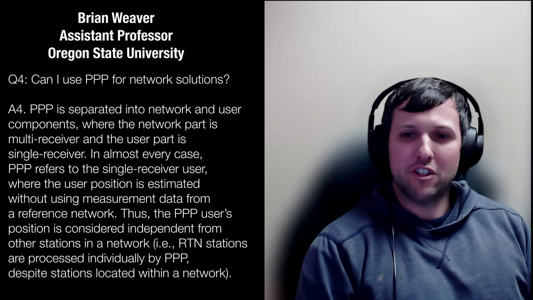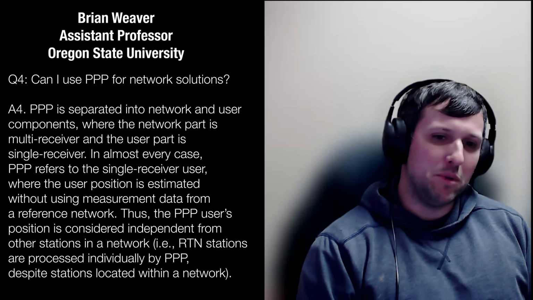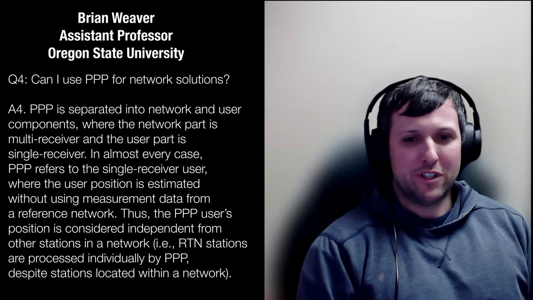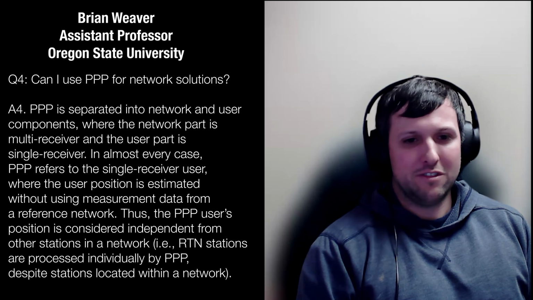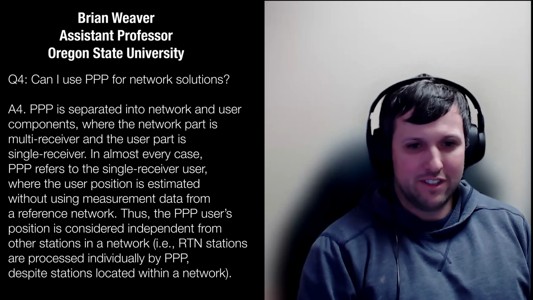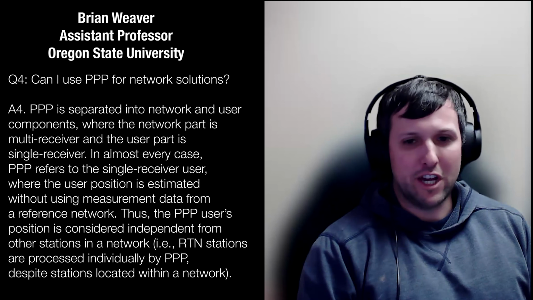I think the important distinction there is that when we're casually talking about PPP, it's almost always implied that we're talking about the PPP user, which is a non-network solution, even though it's relying on satellite information estimated from some reference network.